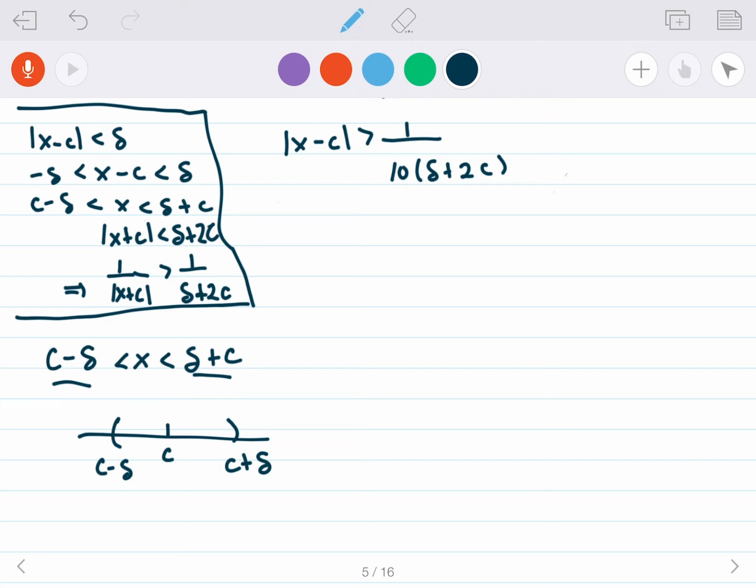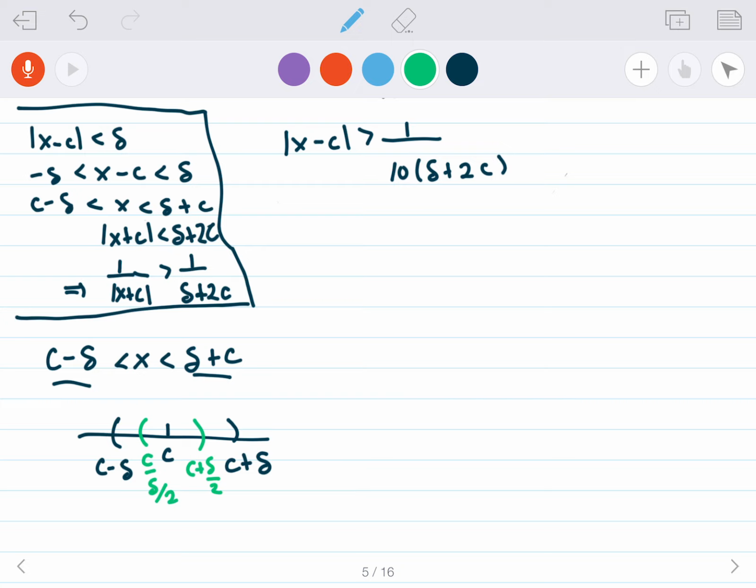And so if x is in this neighborhood, then it's certainly going to be in this neighborhood, the neighborhood centered at c. Or I should actually just draw it in here. So this is the delta over 2 neighborhood. So this is c, c plus delta over 2, c minus delta over 2.